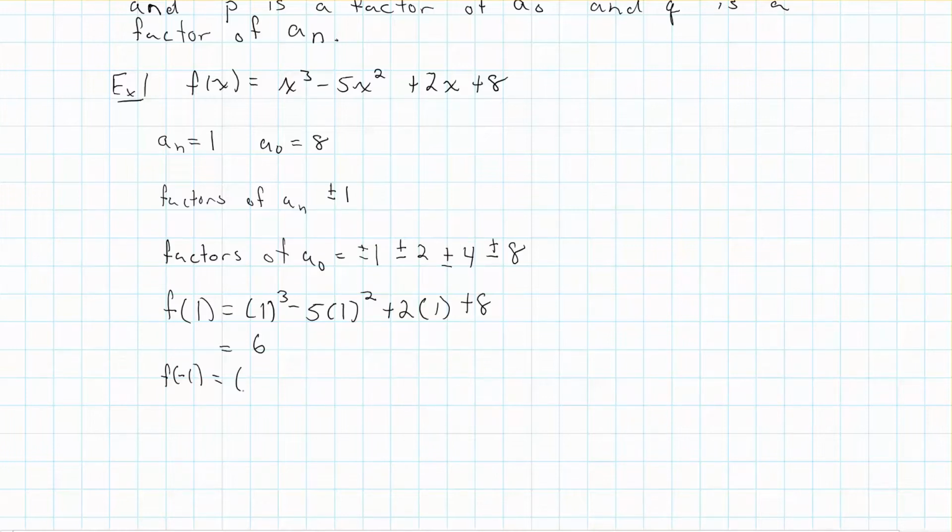So this would be negative 1 to the third minus 5 times negative 1 squared plus 2 times negative 1 plus 8, which would be negative 1 minus 5 minus 2 plus 8, and this is 0.